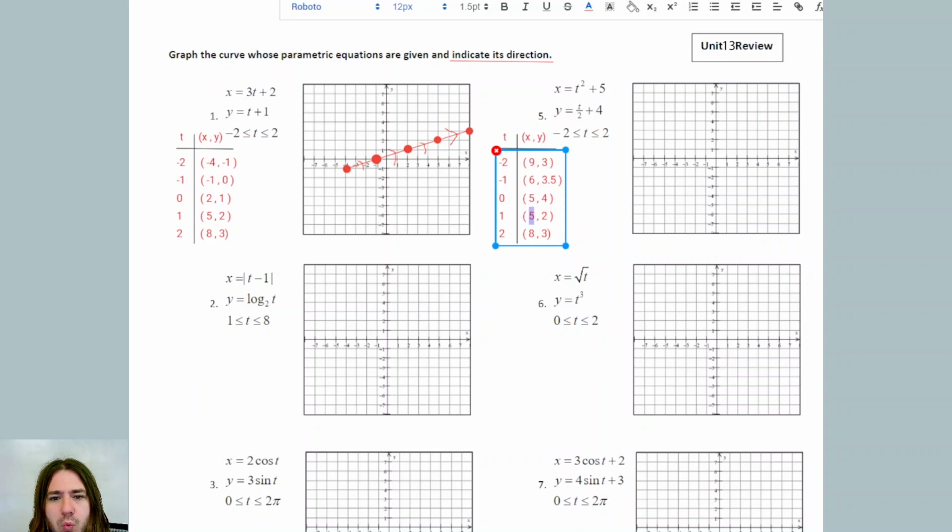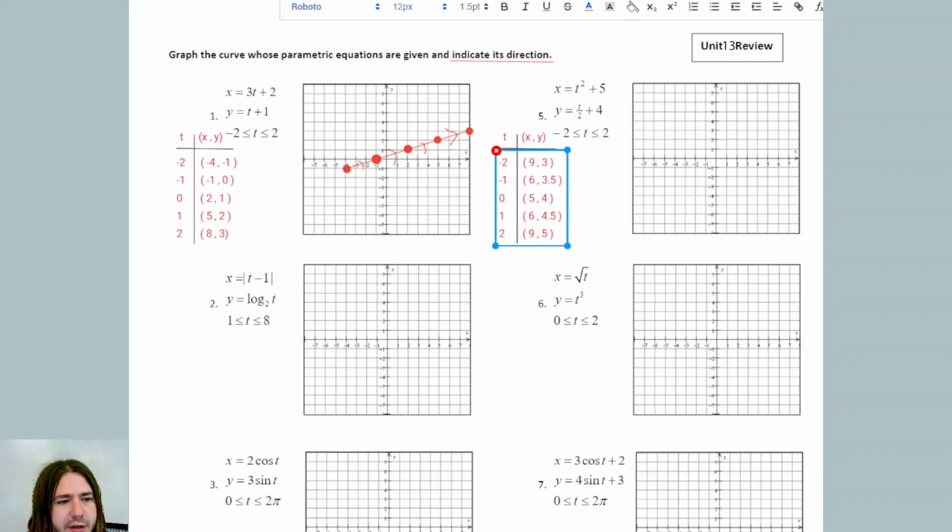If I plug in 1, it looks like I'm going to get 6, and 1 half plus 4 would be 4.5, so 4.5. And then finally, if I plug in 2, I get 4 plus 5 is 9, so back to 9, still off the grid, but just barely. And then 2 divided by 2 is 1 plus 4 is 5.